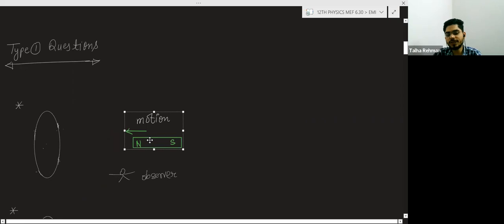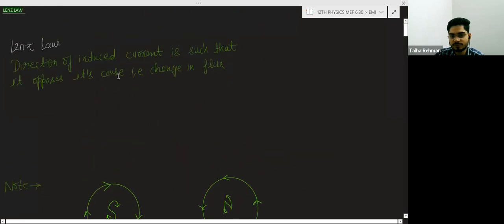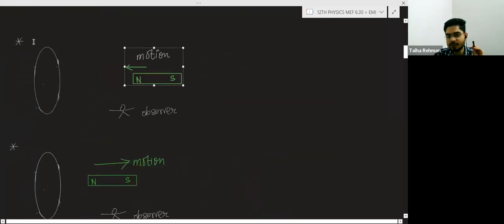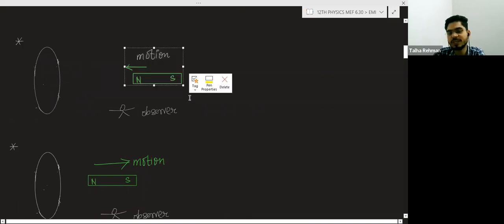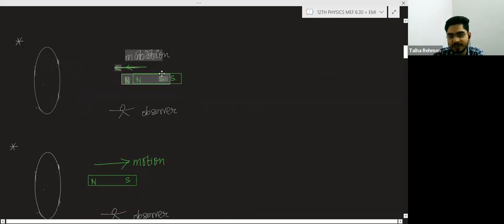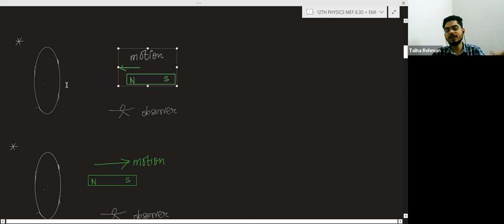So the direction of the induced current will oppose the change in flux according to the Lenz law. The current induced in this coil will be in such a direction that it will oppose the change in the flux. And what is the cause of the change in flux? The motion of the magnet.